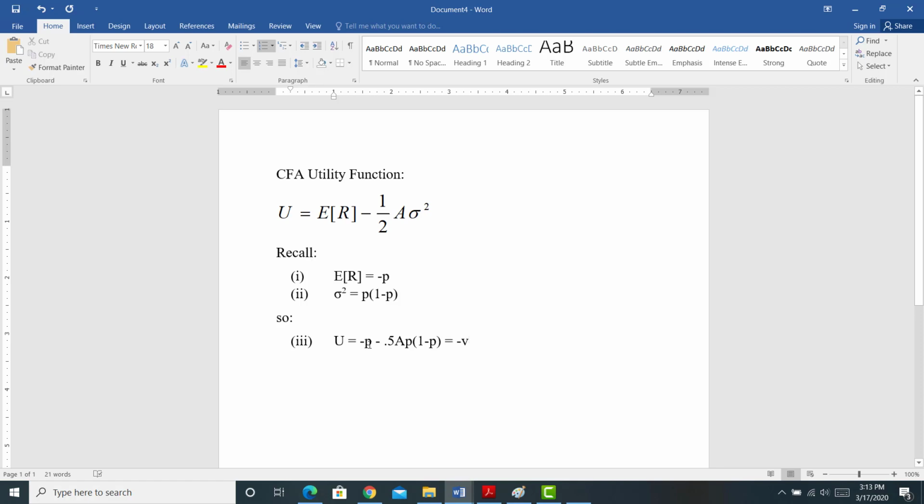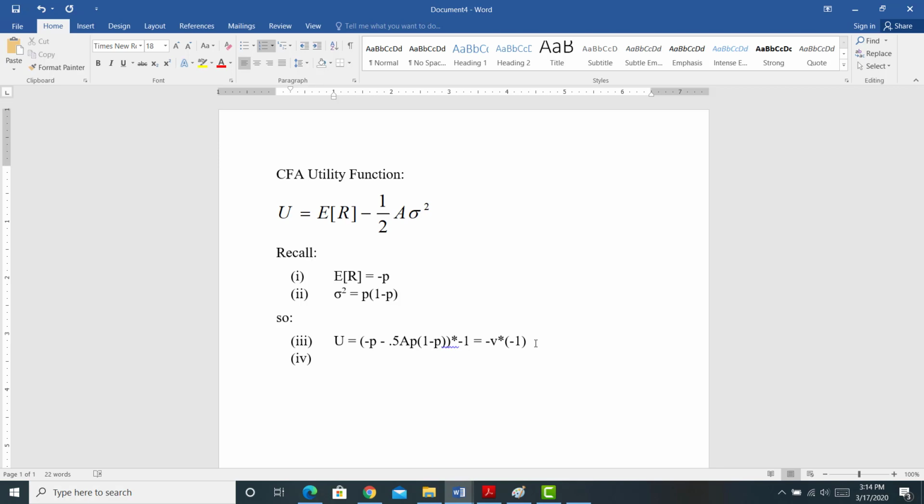So you can think of it as using the CFA utility function to figure out the value of the insurance company. Look, I'm going to multiply both sides by negative 1. And when I do that, watch what happens.